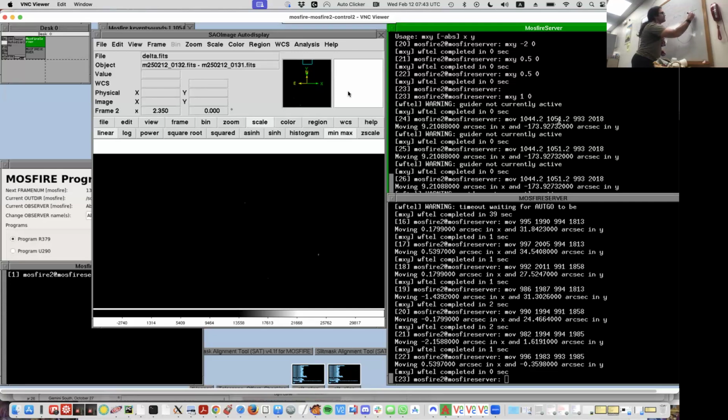And so this value right here is always less than 1. Like it should always be less than 1.